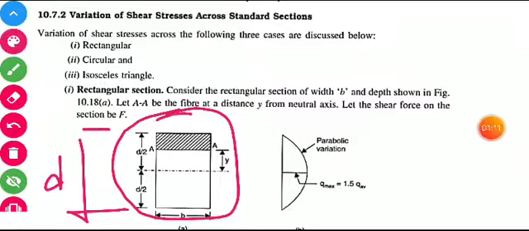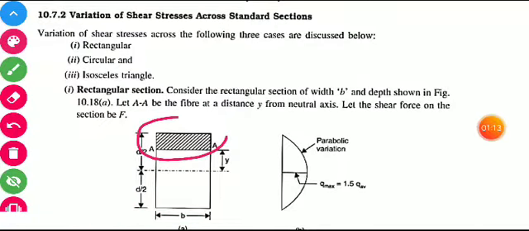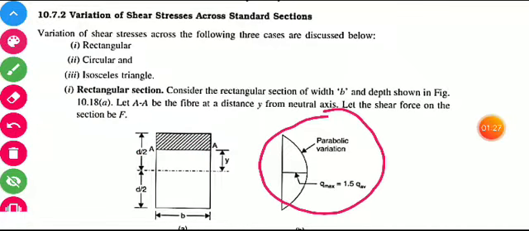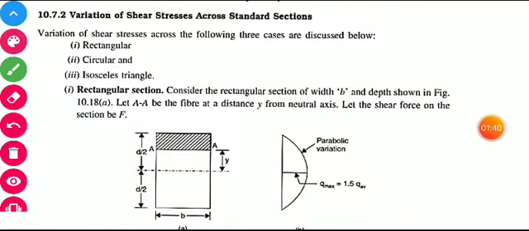We consider one shaded section, the distance from this shaded section to the neutral axis is y, and from its CG to the neutral axis is y bar. This is the distribution of shear stress. We have to write it through the formula which we derived in our previous class. So let's start.